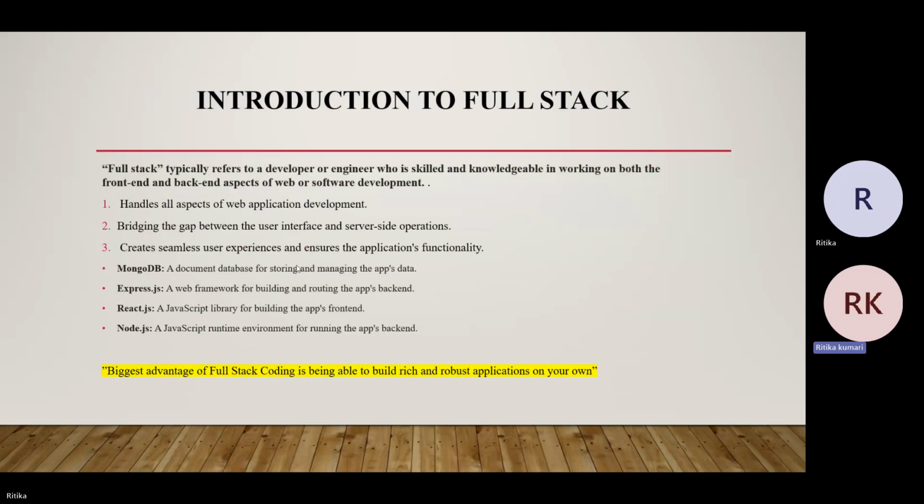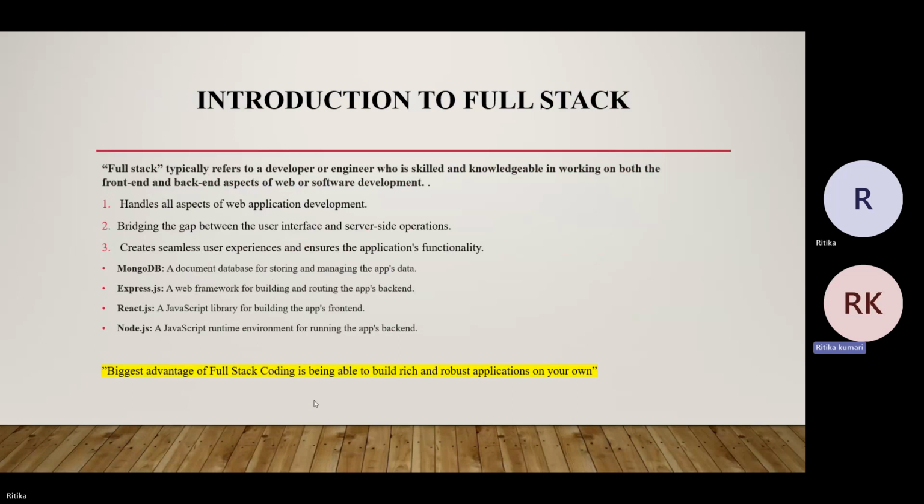So full stack basically means MERN stack, and the full form of MERN is: M stands for MongoDB, which is a document database for storing and mapping the app's data. E stands for Express.js. It is a web framework for building and routing the app's backend.